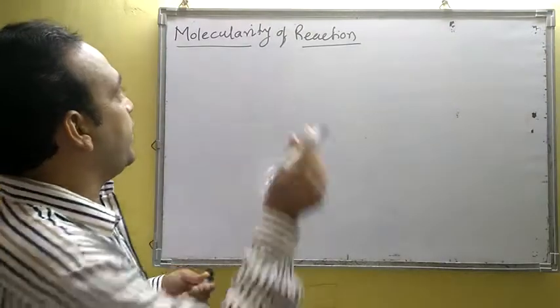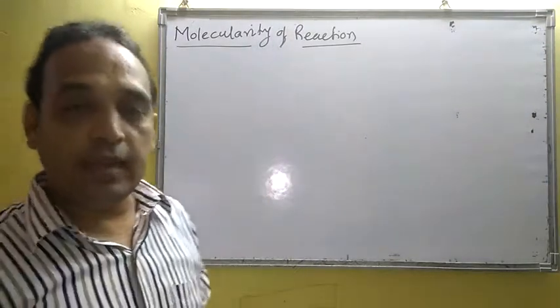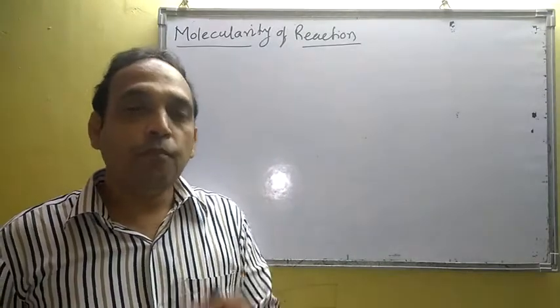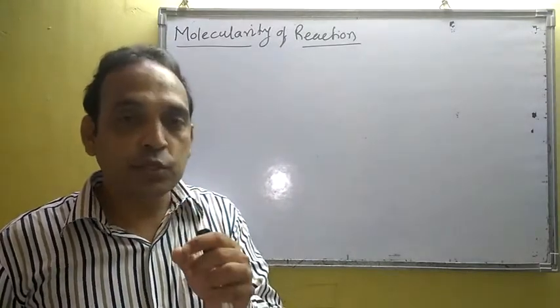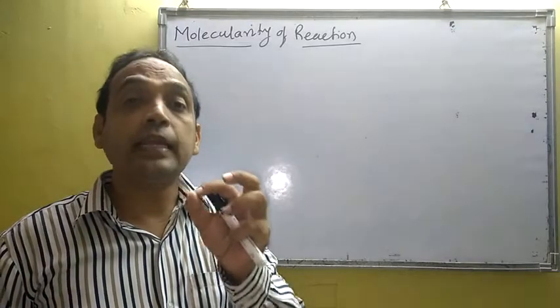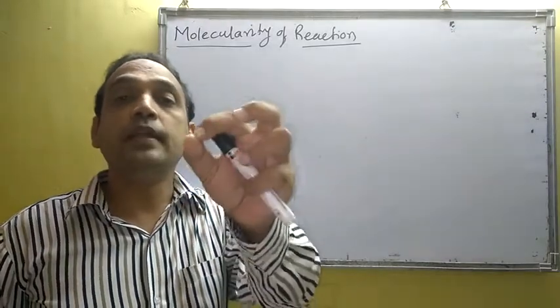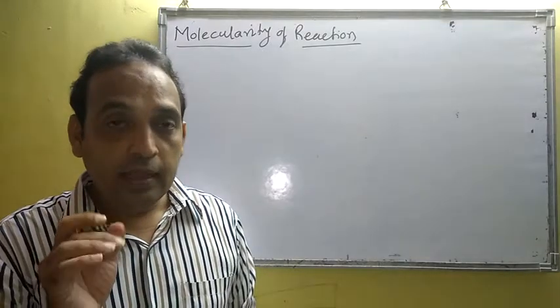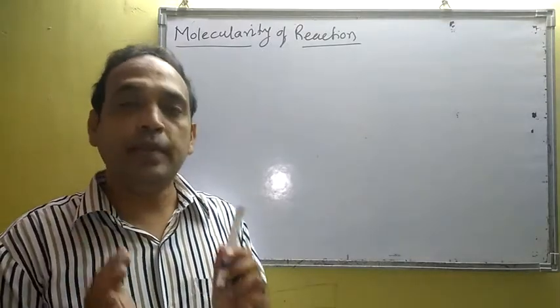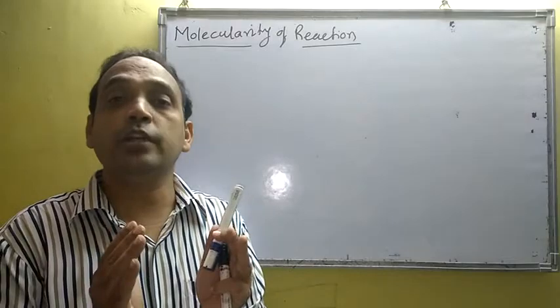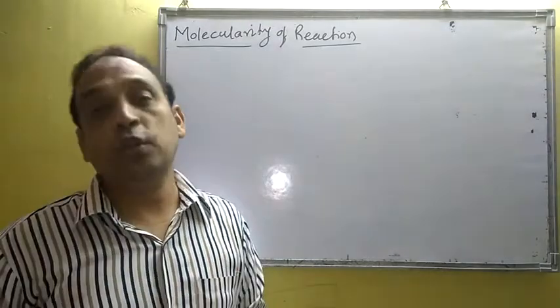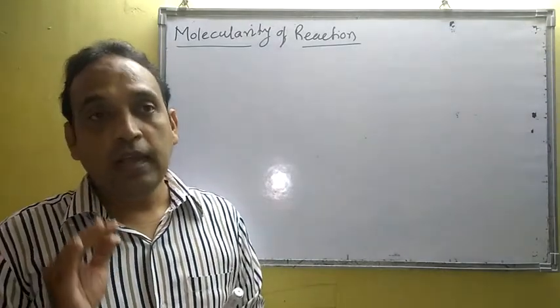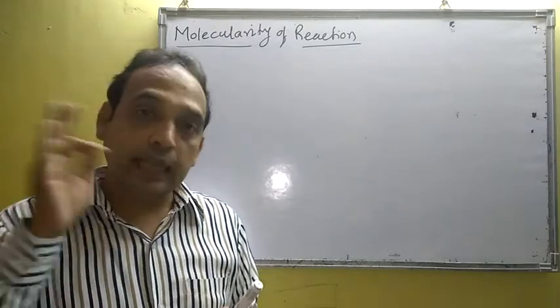Now, our next point is molecularity of reaction. Actually, molecularity refers to how many reactant molecules are involved in the reaction. What do I call molecularity? How many reactant molecules there are in any reaction. That is called molecularity, the number of reacting species in a chemical reaction.